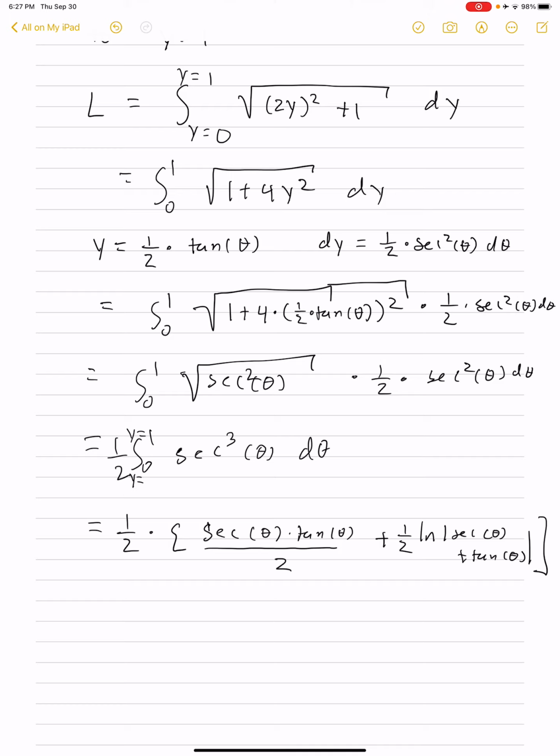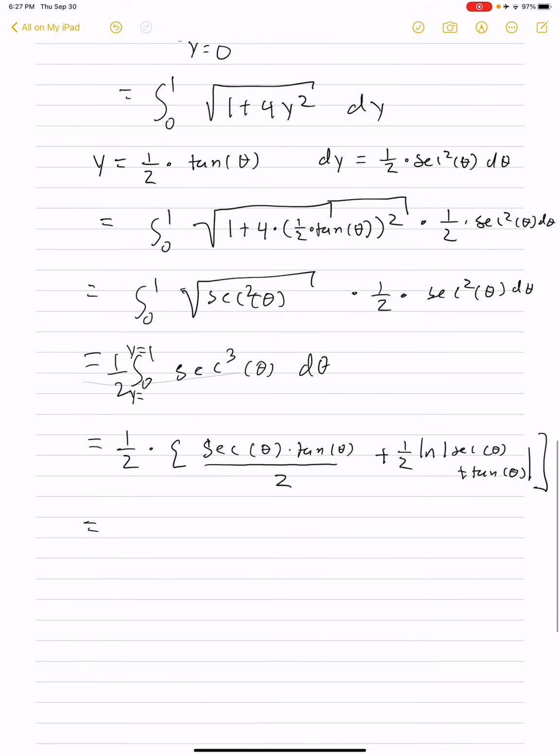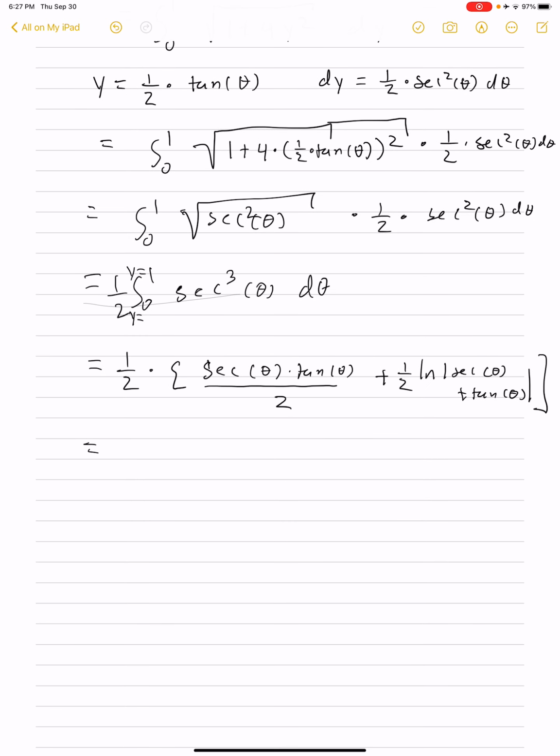So at the end of the day, we either have to back substitute and obtain what these formulas would be in terms of y, or we have to change these limits of integration to theta. Since I have previously put these limits of integration in terms of theta, I will back substitute so that you can see some variety.